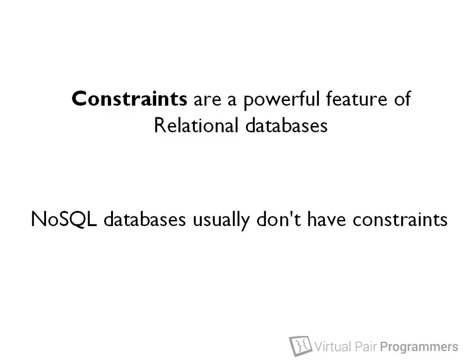And certainly the 3 databases that we'll be studying on this course, only one of them has a very small constraint feature. Apart from that, there's nothing there. So with NoSQL, maintaining data integrity is going to be something that you have to control in the code that you write that interacts with the database.